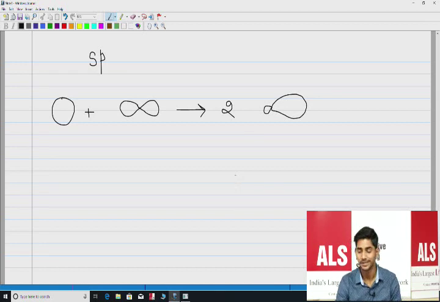Now, if I ask you, in space, at what angle should I place these 2 orbitals where they feel the minimum repulsion, or they can have the maximum bond angle? How can I place these 2 orbitals in space where the angle between them is maximum? At what angle should they be present?